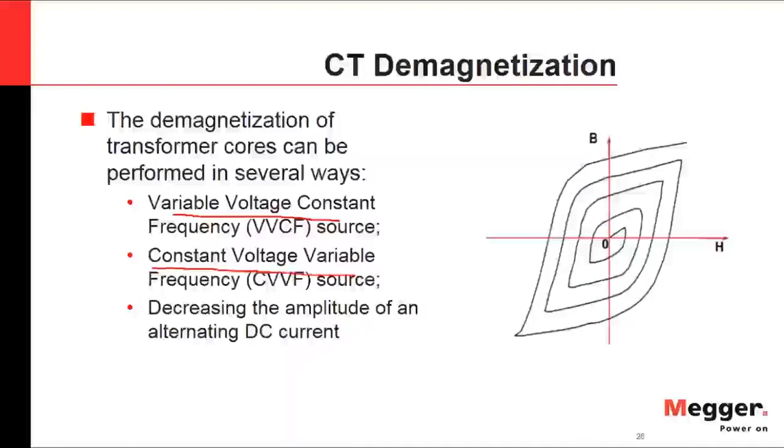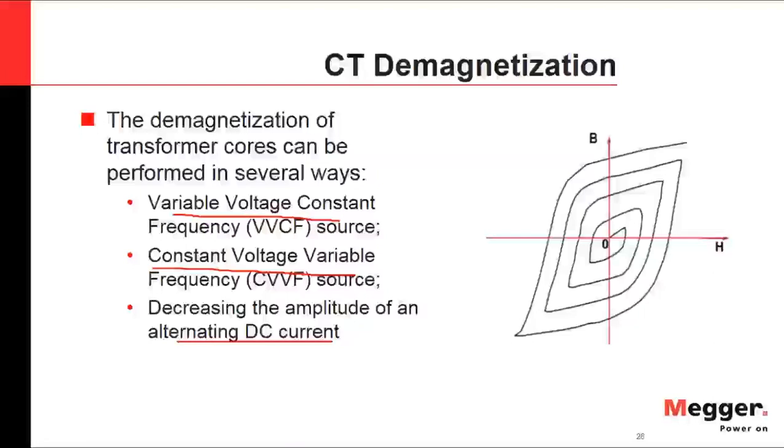If we are thinking about our current transformer, and we understand that the secondary is designed for low voltage, it is easier to apply an AC signal to demagnetize the core of this current transformer from the secondary side. That might not be the case for a power transformer.